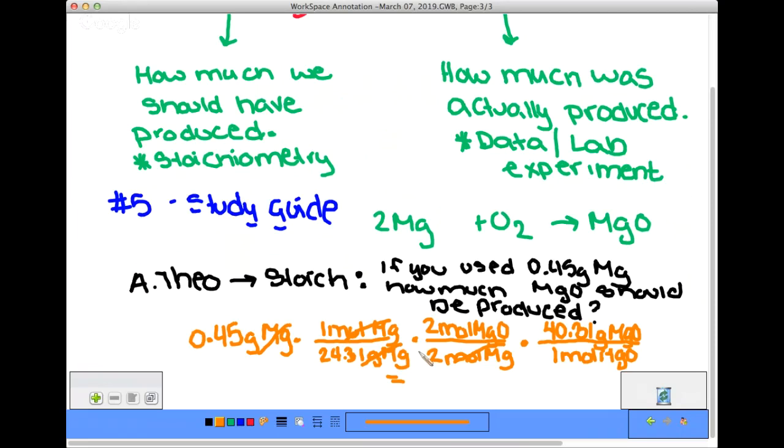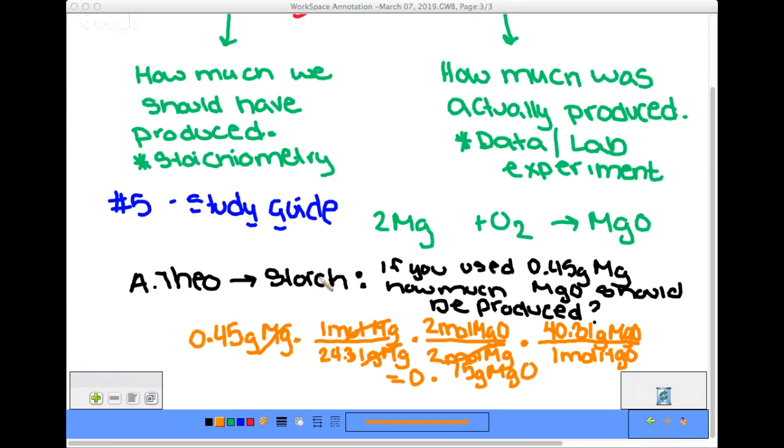We should have produced 0.75 grams of magnesium oxide. Let me just double check that, make sure that works. 0.45 times 2 times 40.31 divided by 24.31 divided by 2. Okay, yep. So that's the answer we get.